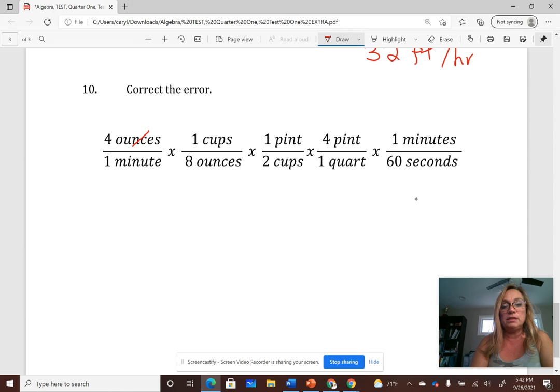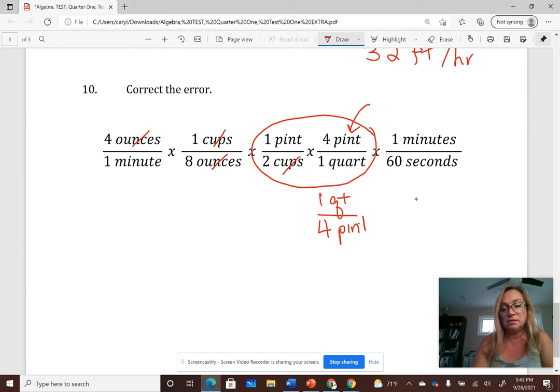Okay. So ounces cancels with ounces. Cups cancels with cups. Pints can't cancel. See right here? Contradiction. So I'm going to flip this one. And then it'll cancel. So that's what I would have to correct. So to correct this, I would do 1 quart over 4 pints.